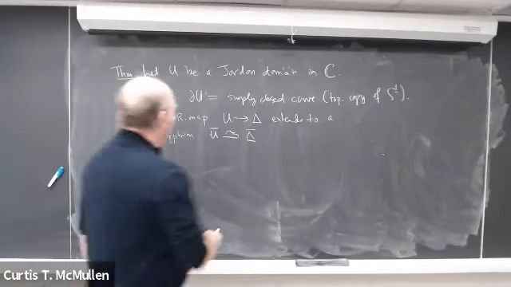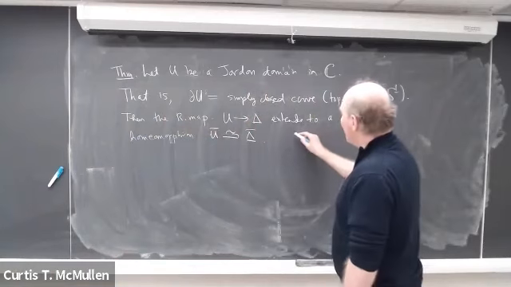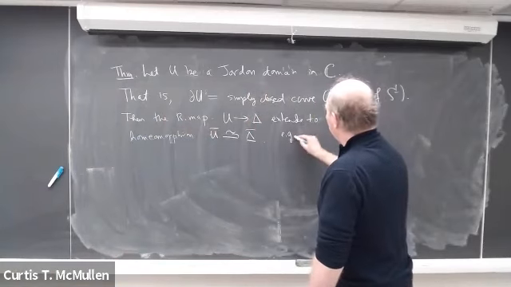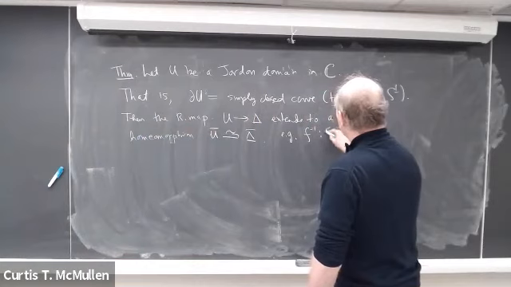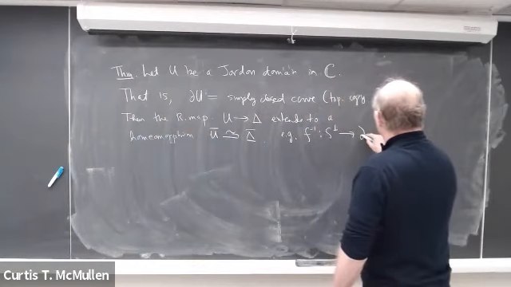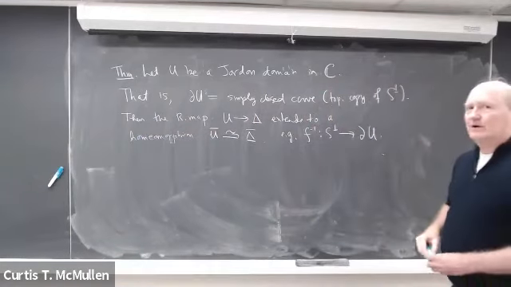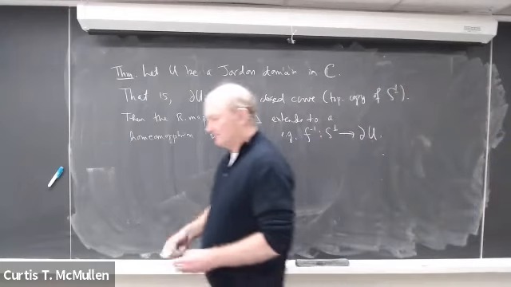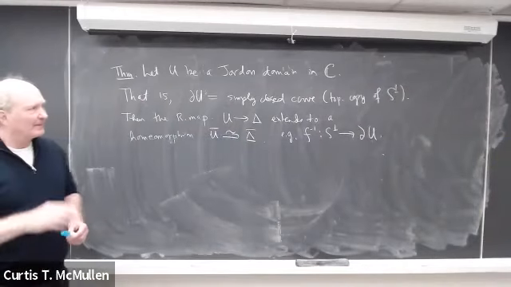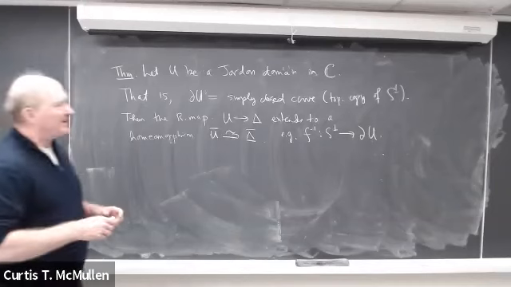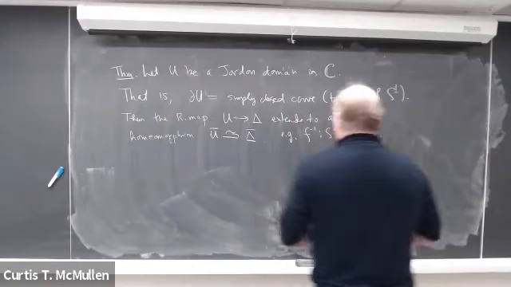In particular, if we consider the mapping F inverse, this gives a natural parameterization of the boundary of U by points on the circle. Okay, so the Riemann map extends to the boundary when it can.